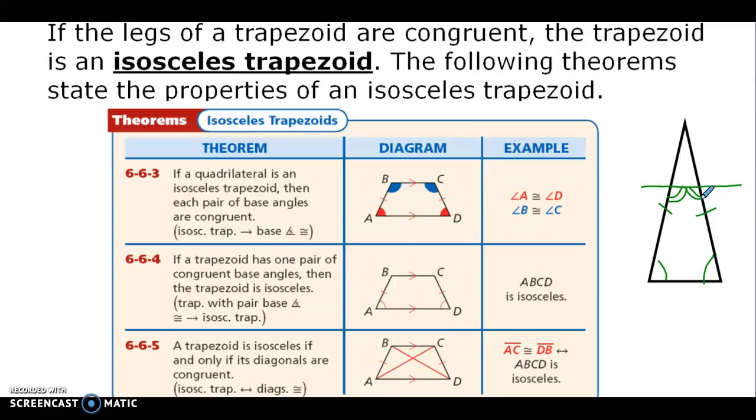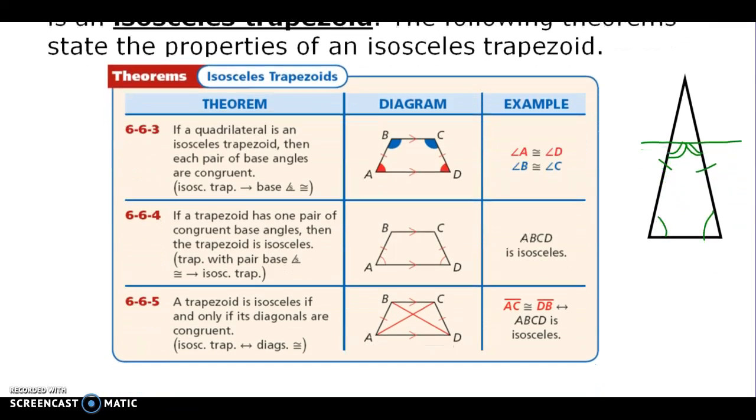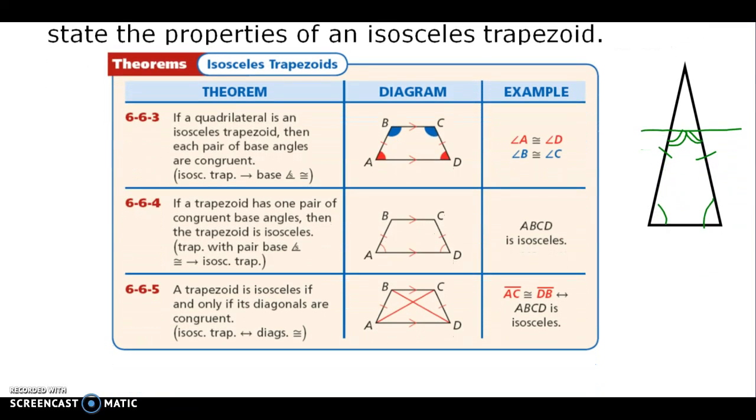And then we also have an if and only if statement. You guys remember those? What does that mean? It's a conditional statement that's true forward and backwards. Do you remember what name we gave that? A biconditional statement. Good.